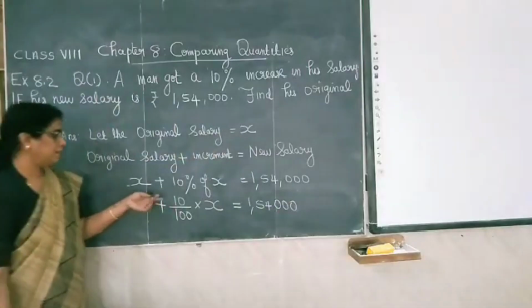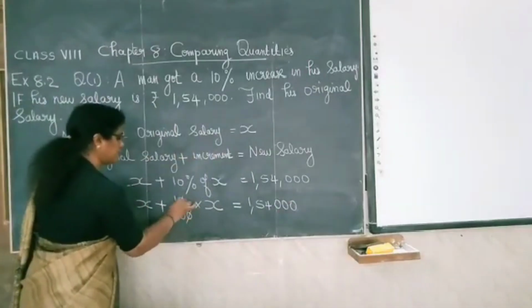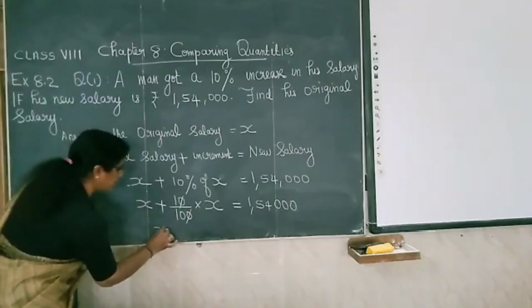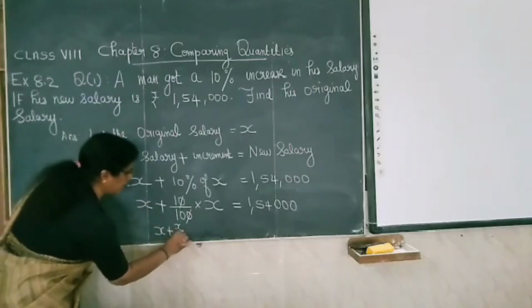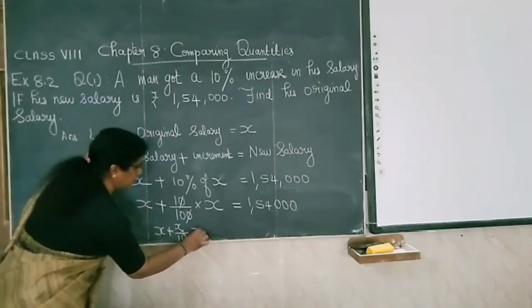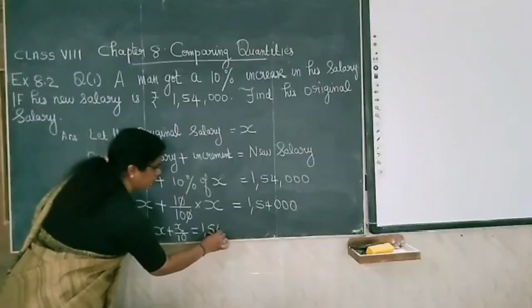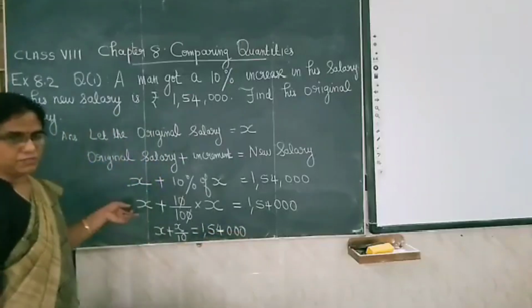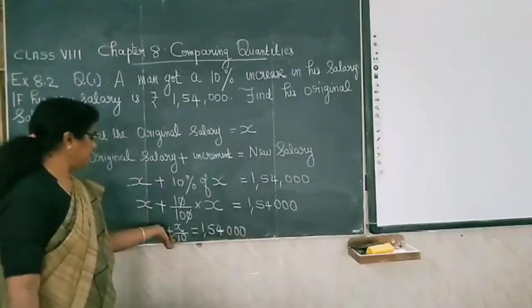Now the zeros we can cancel here. Now this becomes X plus X by 10 equal to 1,54,000. Now when you simplify this, you will get the value of X.